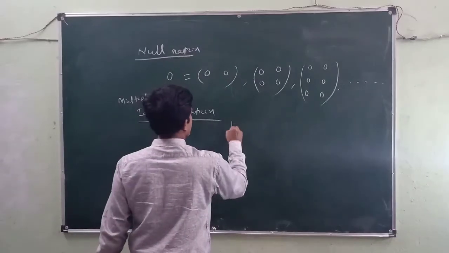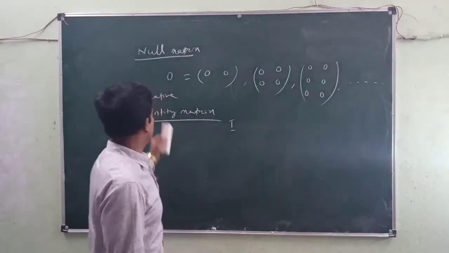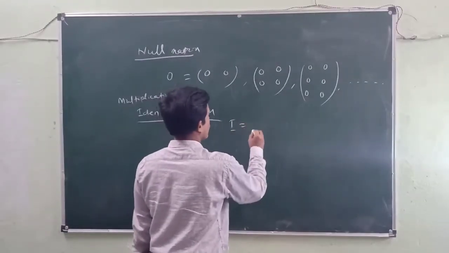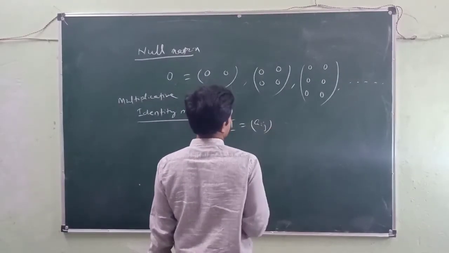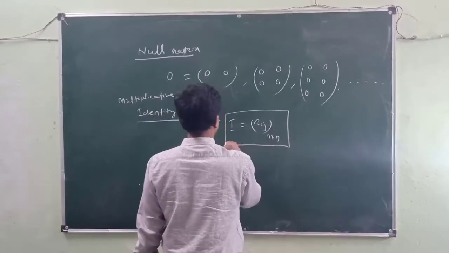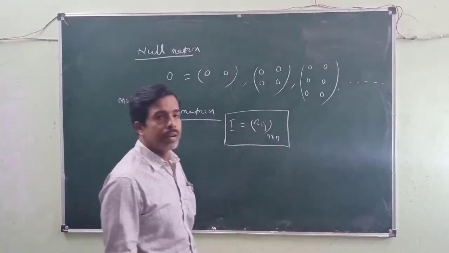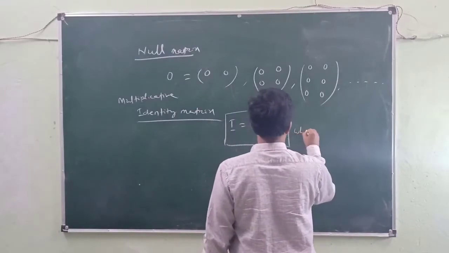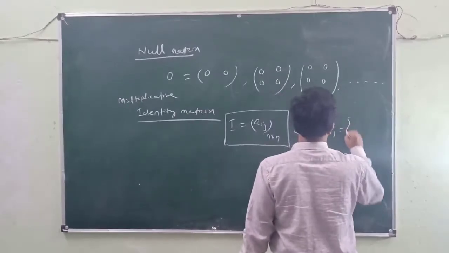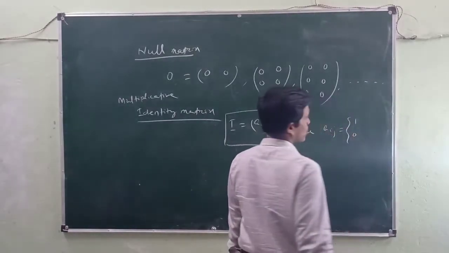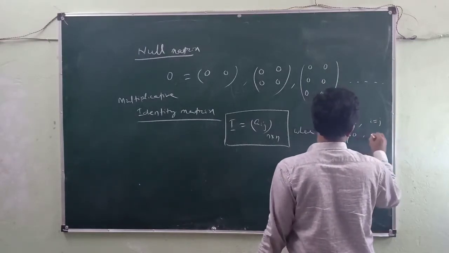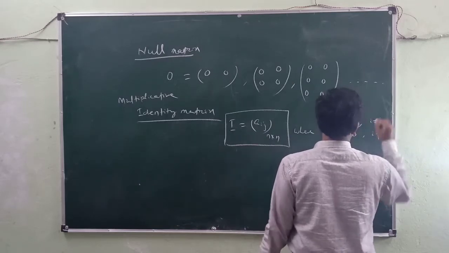It is denoted by the symbol I. It will be a square matrix, that means any square matrix a_ij of order n cross n will be an identity matrix where each element will be either 1 or 0. It is 1 when i equals j, and 0 when i is not equal to j.